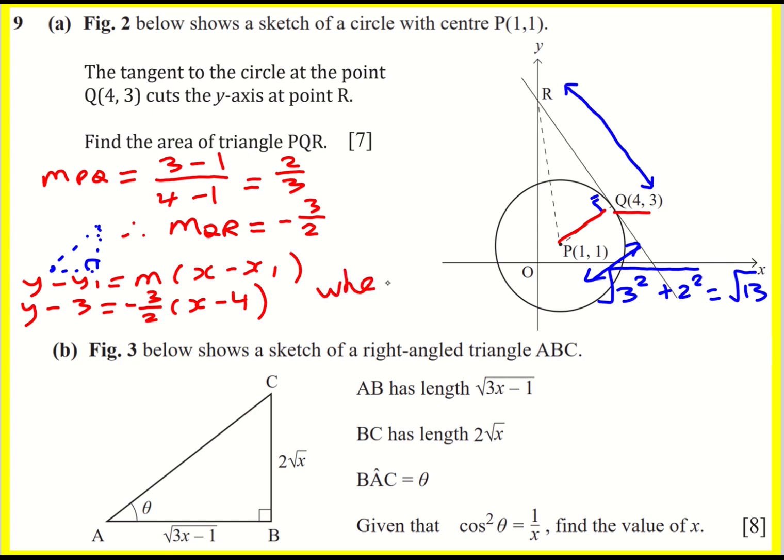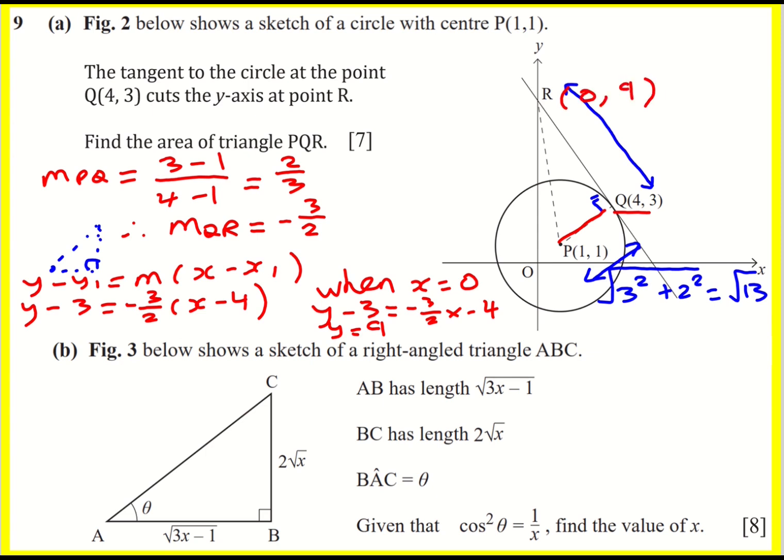So when x equals 0, y minus 3 is going to equal minus 3 over 2 times minus 4. So that is going to become 6, plus 3, y is going to be 9. And that's my R coordinate then, (0, 9).